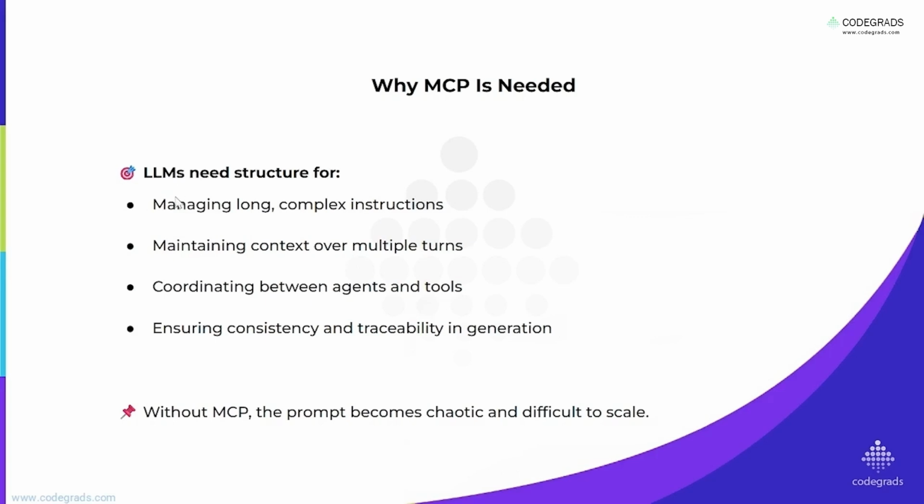They lose track of memory or tool actions, and they need help with multi-step logic. So, MCP solves this by keeping track of the state and making tool usage easier and safer. Also, it manages long and evolving conversations. Without MCP, the prompt becomes chaotic and difficult to scale. So, this is the advantage of MCP.